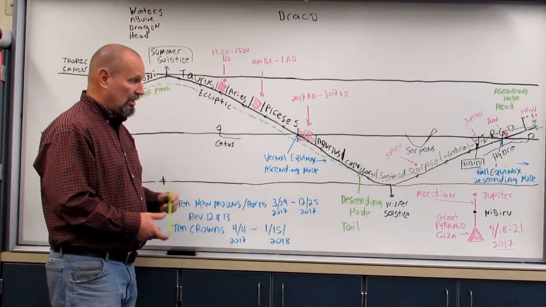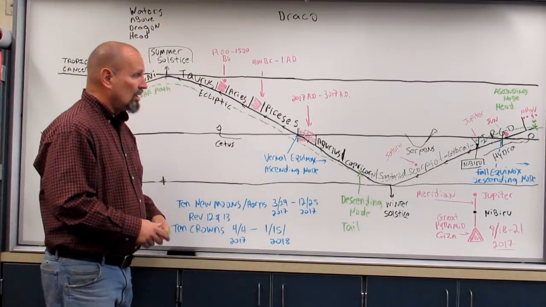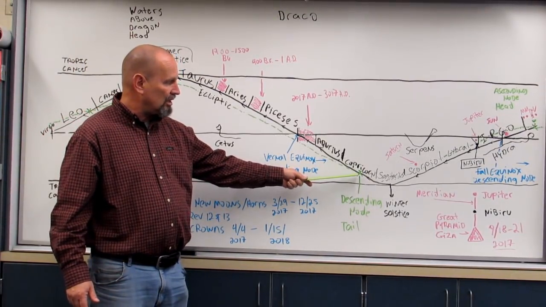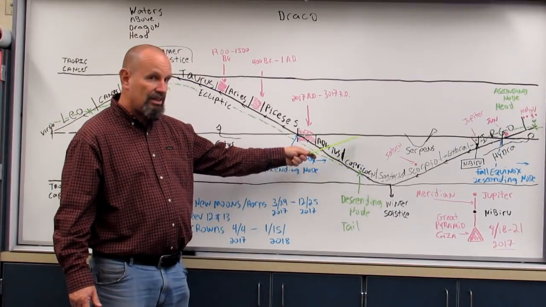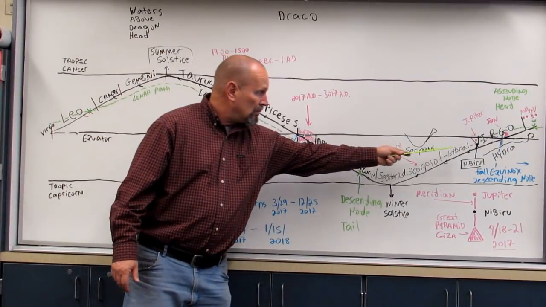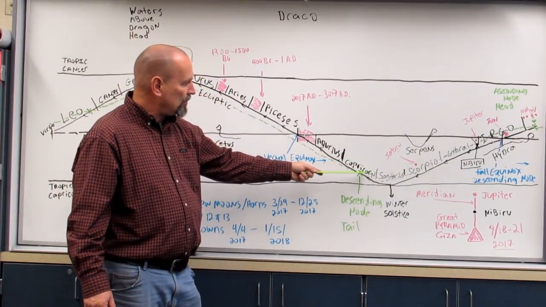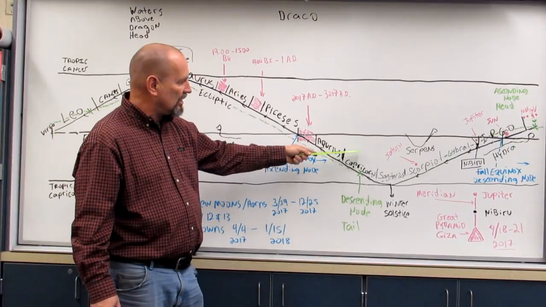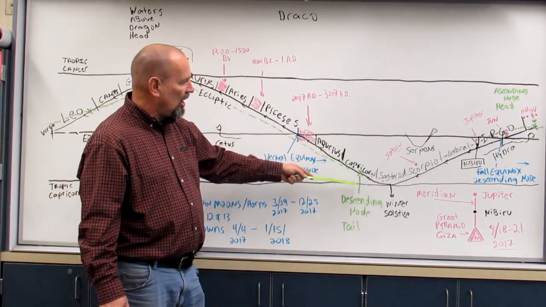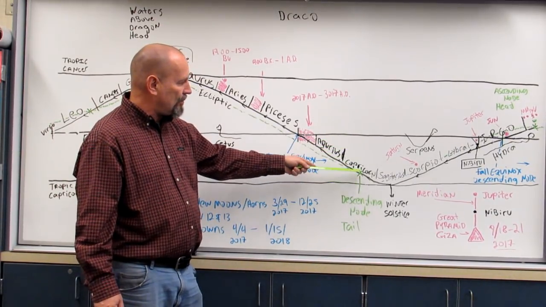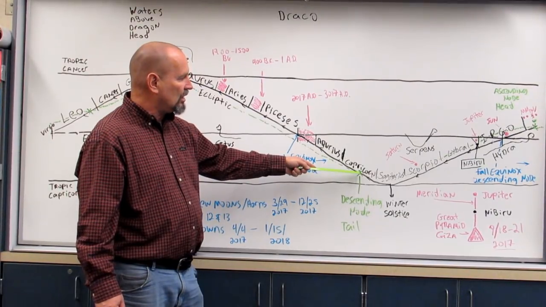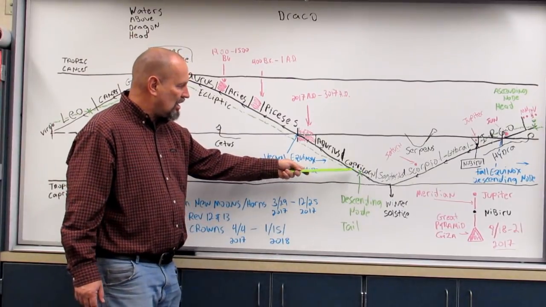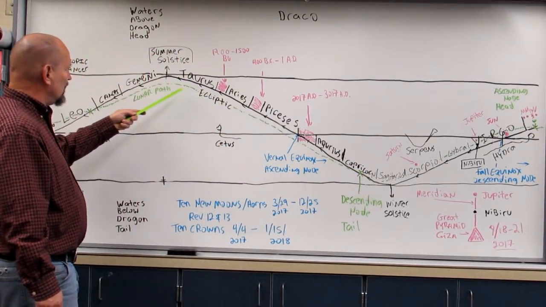But here's what's interesting from our perspective. On August 7th, 2017, a lunar eclipse took place right here. The moon came through here and dropped below the ecliptic line, here in the constellation of Capricorn, and it had a lunar eclipse right here. This is marking the dragon tail. Then it continued to keep going around through here.